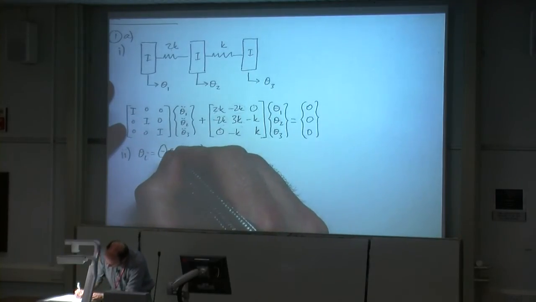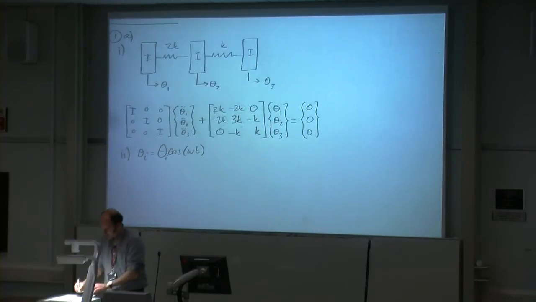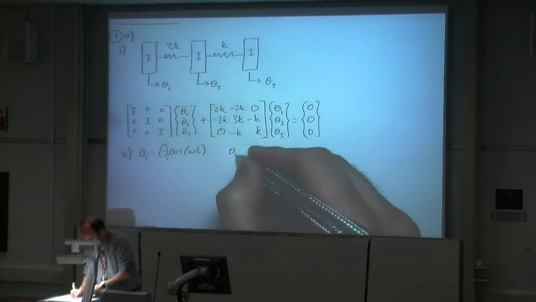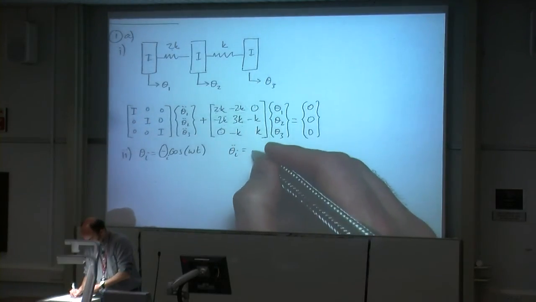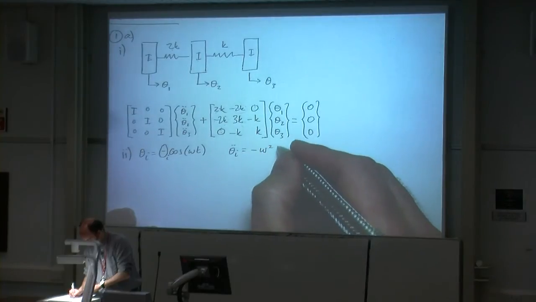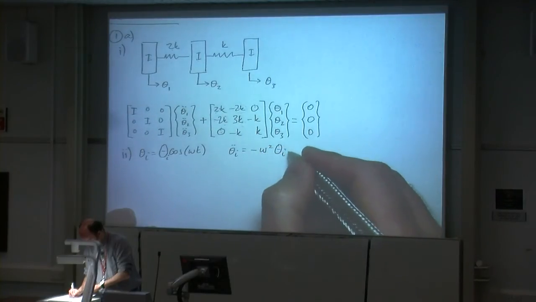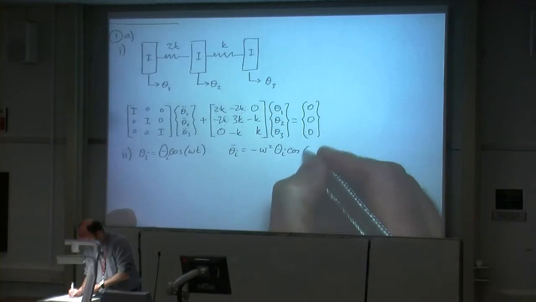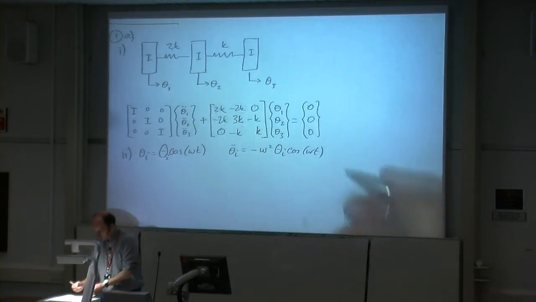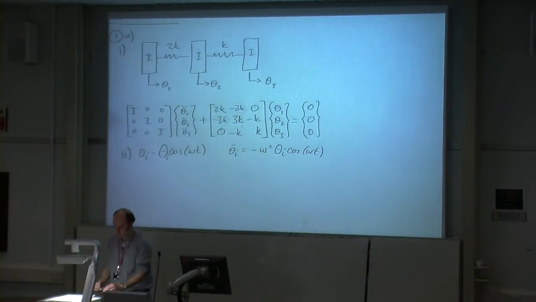So theta i double dot is minus omega squared theta i cosine omega t. So you plug them into your equation.